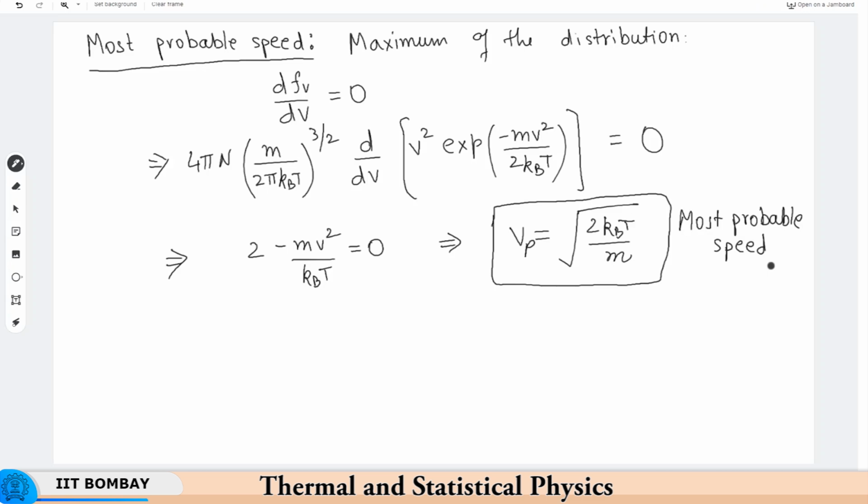Okay. And another straightforward thing that we can do is what is known as the energy distribution. Remember, so far we have been interested in how many molecules are moving between speeds V and V plus dV.